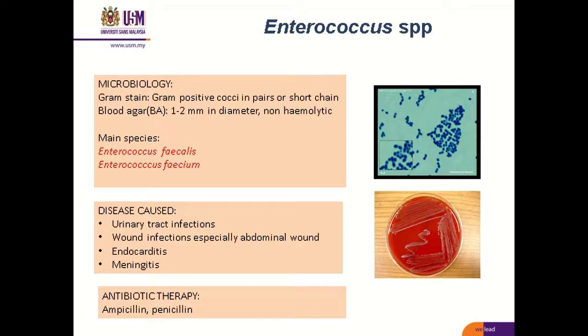The species are mainly Enterococcus faecalis and Enterococcus faecium. The diseases it causes include urinary tract infection, wound infection, especially abdominal wounds, endocarditis, and meningitis. The antibiotic of choice is ampicillin and penicillin.